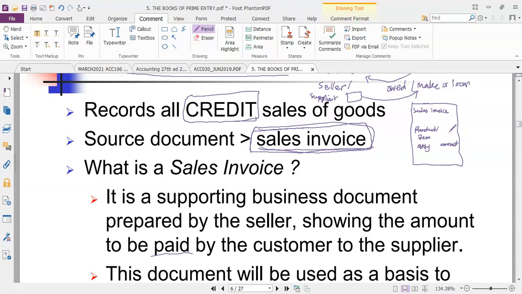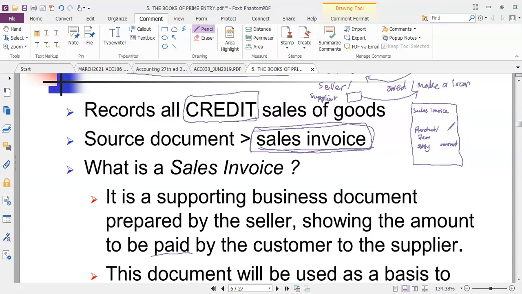So you must remember, when the owner or seller sells goods on credit, it means the owner must give the customer a sales invoice.